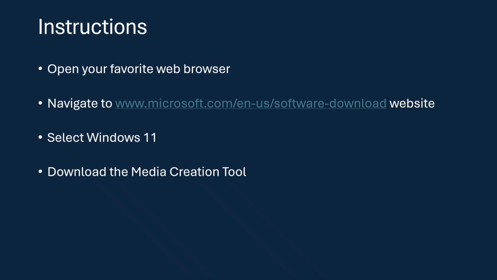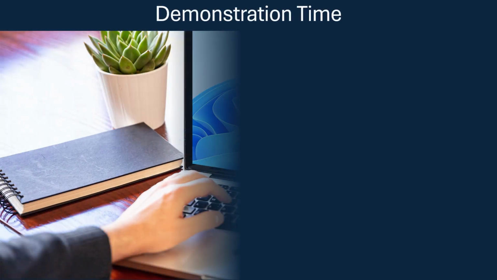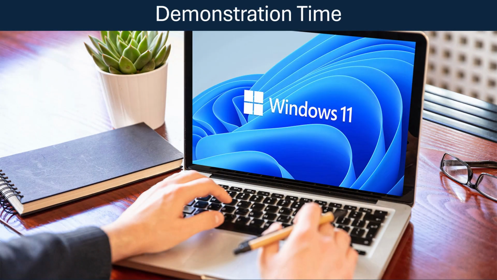You download the media creation tool, then you run it, and simply you just follow the on-screen prompts. And without any delay, let us start our demonstration part. See you there.